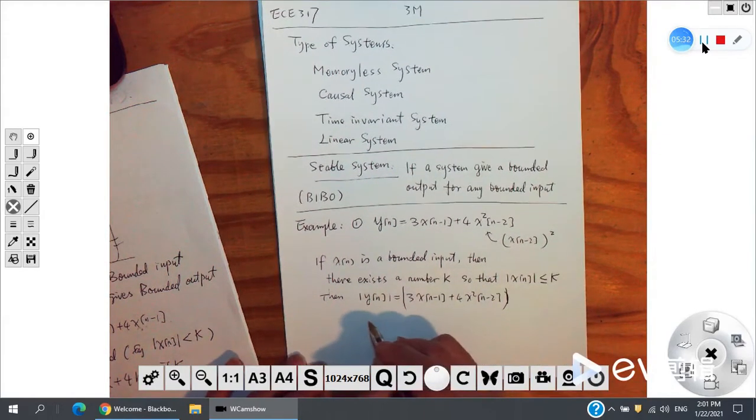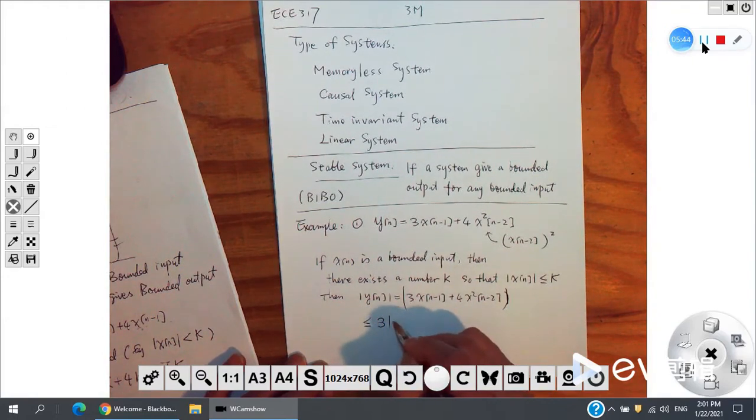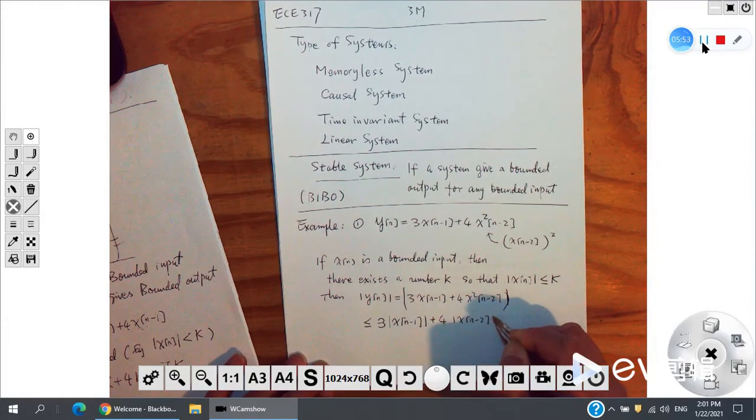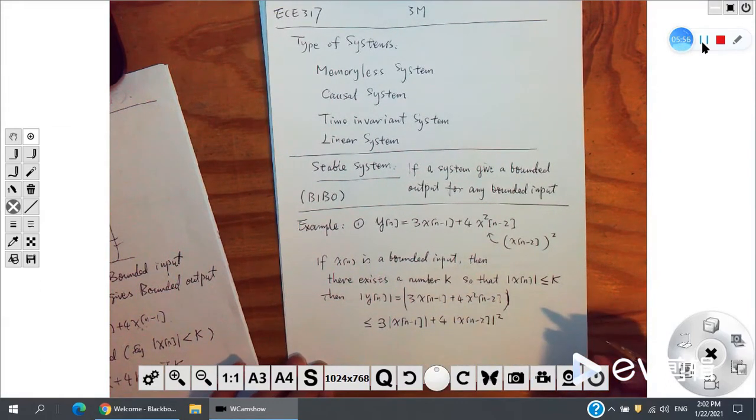Then, of course, this will be less than or equal to the sum of the absolute values of each term. 3 is a positive number, so its absolute value is still 3, times the absolute value of x of n minus 1, plus 4 times the absolute value of x of n minus 2, squared. It might be smaller, because if x is negative, taking the absolute value makes it positive.